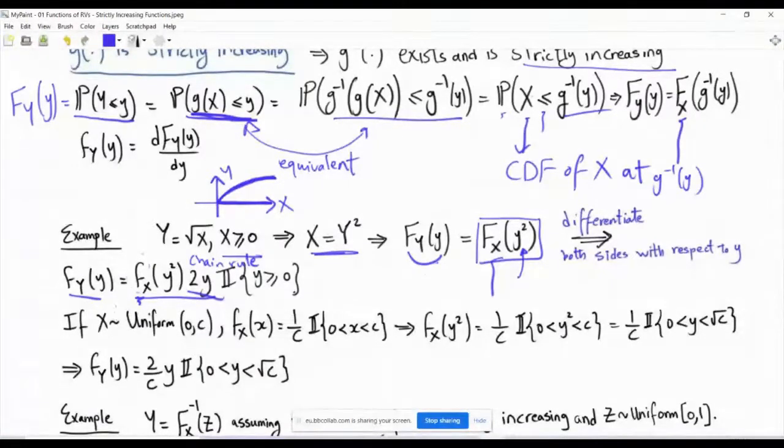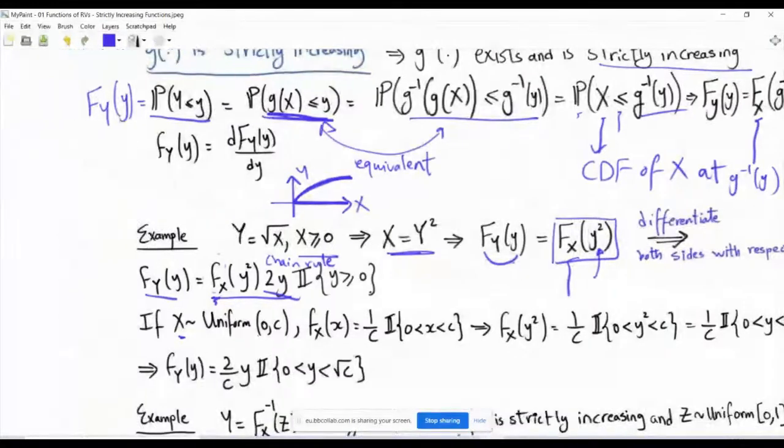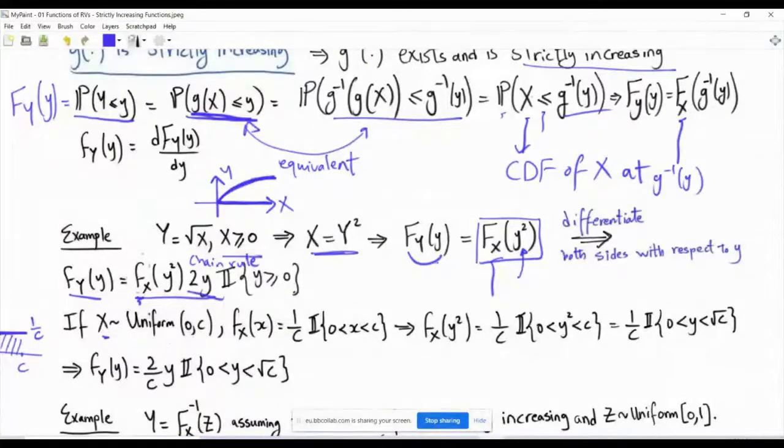Now, in the particular case where x is uniform from 0 to c, the PDF of x, f_X of x, for x between 0 and c, is flat and equal to 1 over c, so that the area under the curve is equal to 1. Uniform 0 to c means that the PDF is 1 over c when x is from 0 to c.